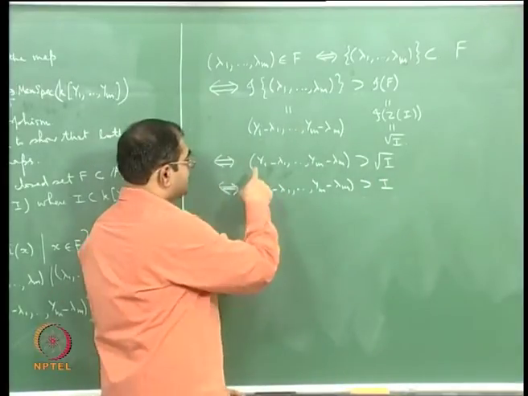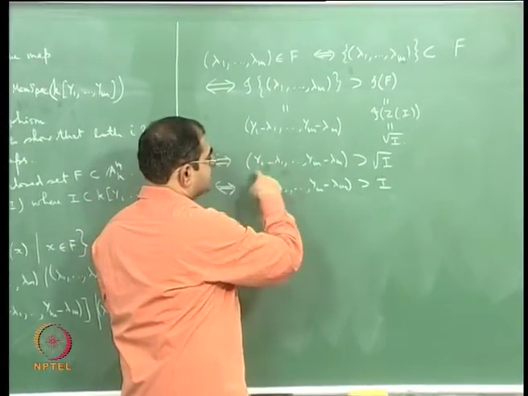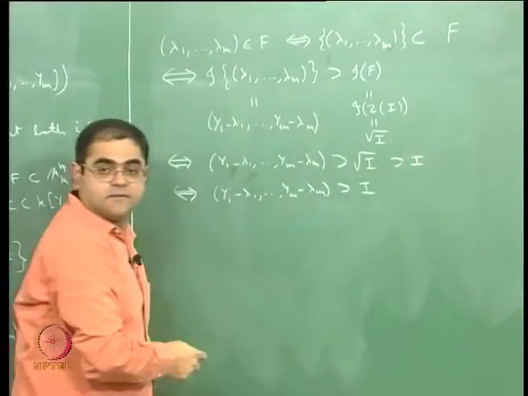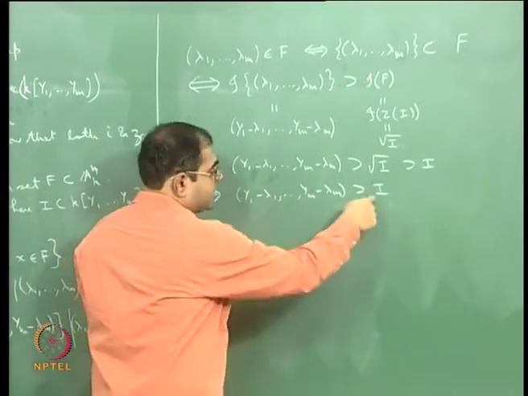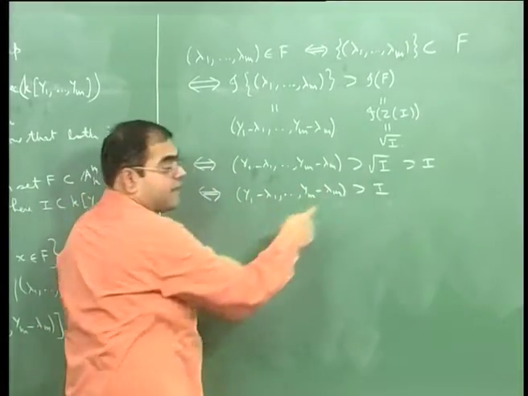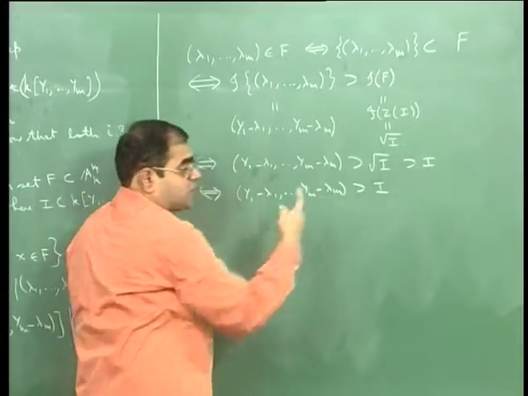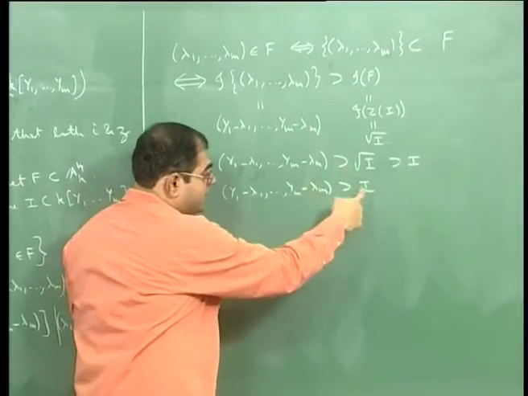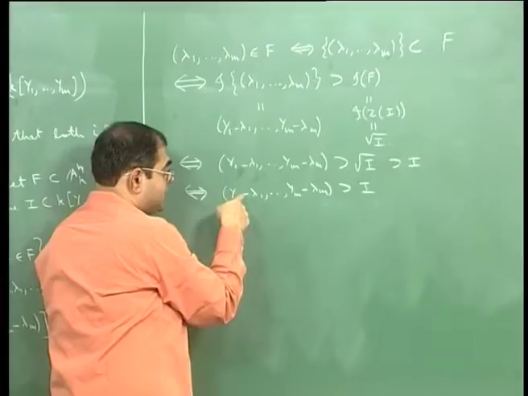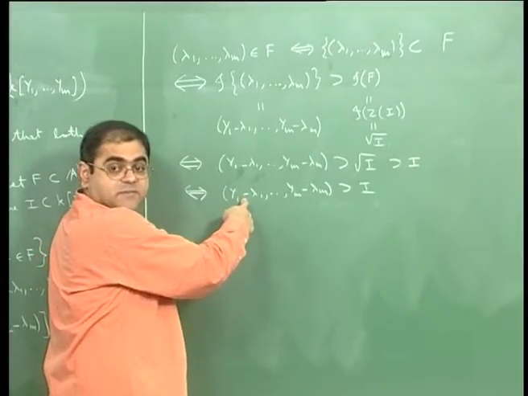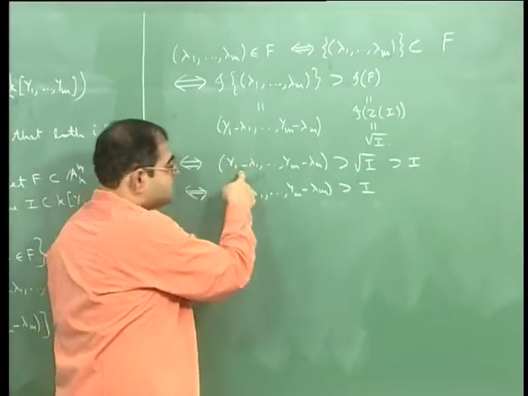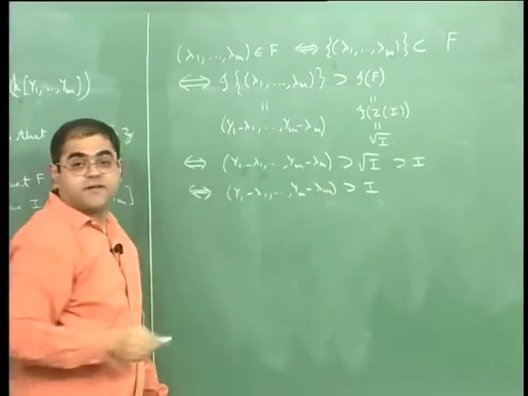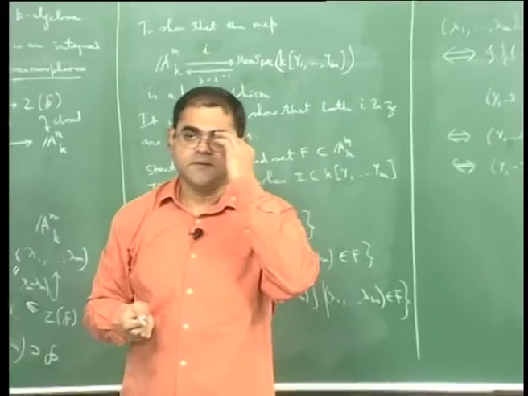Of course, if this ideal contains rad I, it also contains I, because rad I contains I. Conversely, if this contains I, then it will also contain rad I. What is rad I? It's all those elements some power of which is in I. So if some power of an element is in I, then that power of the element is in this ideal, but this is a maximal ideal, so it's prime, so that element has to be in this. So these two are equivalent because the ideal on the left side is a maximal ideal, which is actually prime, by primeness.